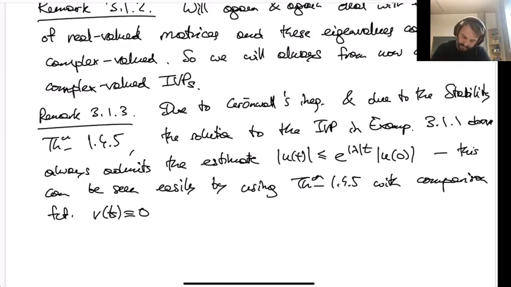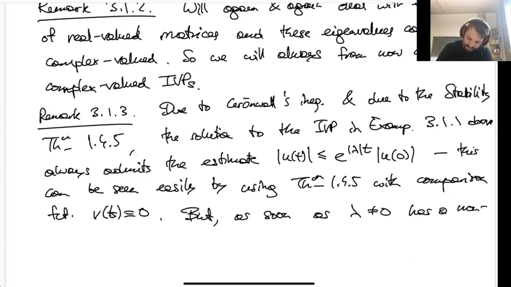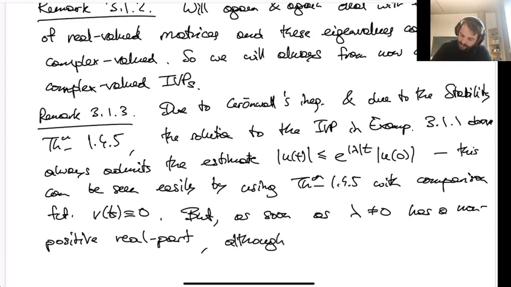But as soon as lambda is in fact non-zero and has a non-positive real part, so 0 or negative, then although being correct, the estimate is very pessimistic.